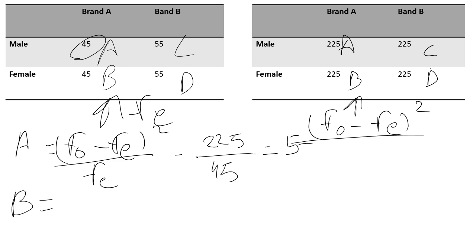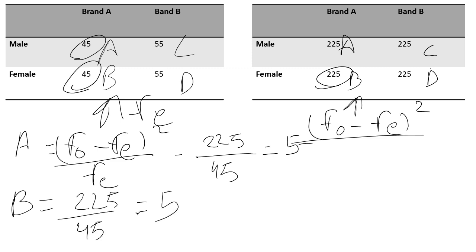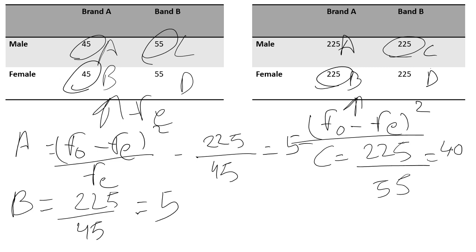For B, it is 225 upon 45. This gives me 5. For C, it is 225 upon 55, gives us 4.09. For cell D, it is 225 upon 55, gives us 4.09.